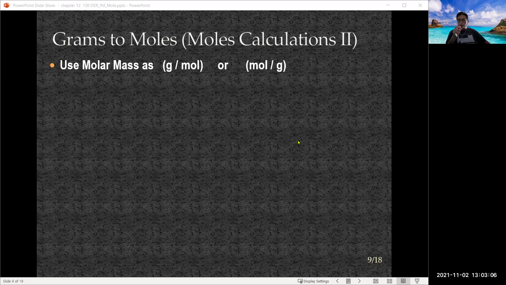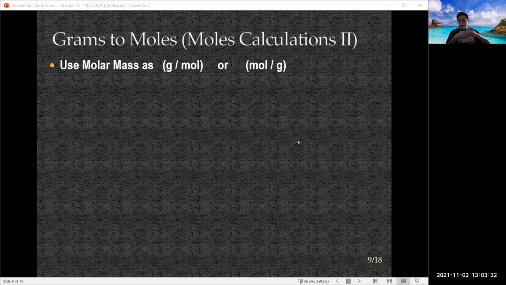Now, to calculate the molar mass, we did some examples where we add up all the atoms that contribute to the molecule, and we tally up the number of hydrogens, carbons, etc., and the total weight that each one brought due to the atomic weight, and that adds up to the molar mass, also with the units of grams per mole.